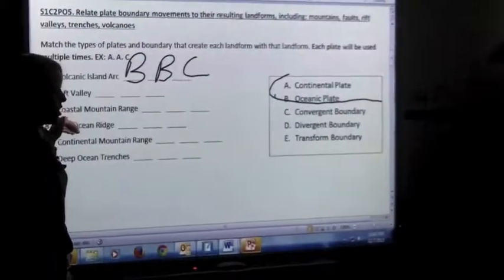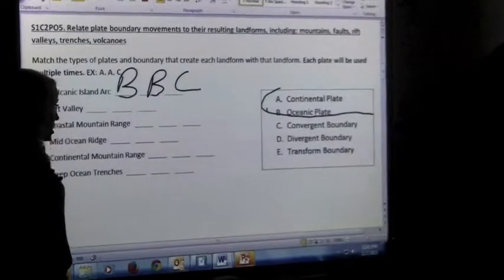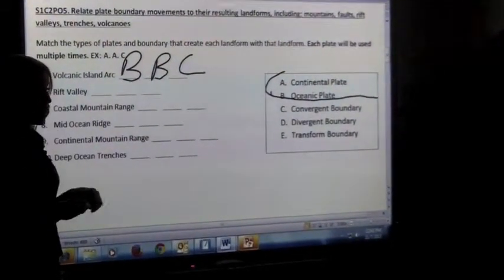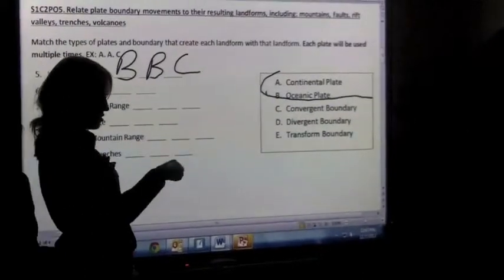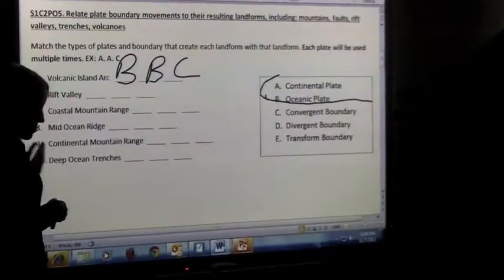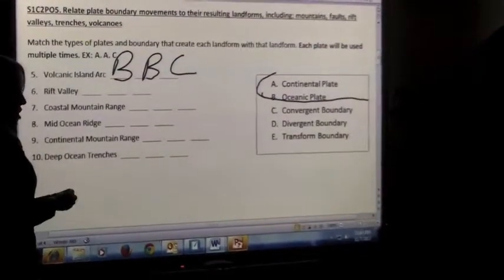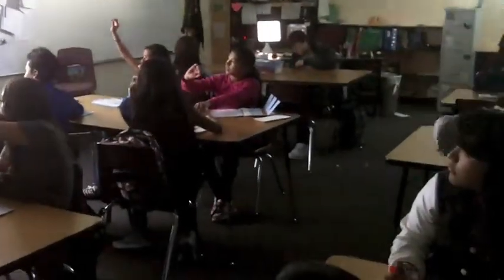What about rift valleys? Think about what a rift valley is first. Who can tell me where they're located? Don't raise your hand. Remember, they are with our mid-oceanic ridges. They kind of are partners, they're friends, they hang out together.